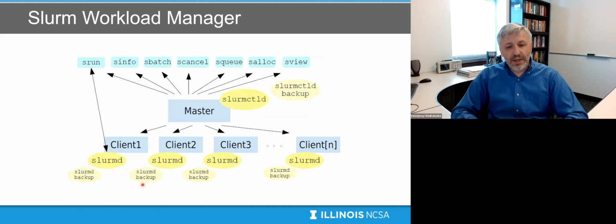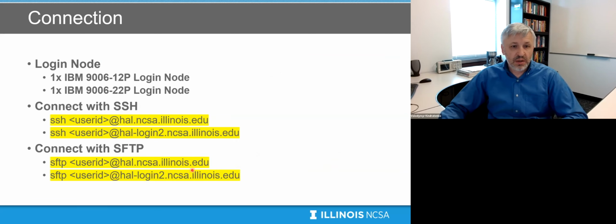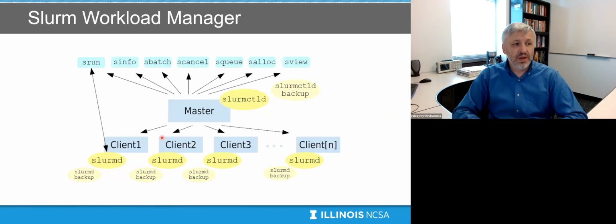So when you log into our machine, into the head node, so it is HAL or HAL login 2, these are the two head nodes. When you log into one of these, you are basically on the login node, whose purpose is to simply enable you to jump into one of the compute nodes in a manner that guarantees that only you have access to a specific set of resources, depending on what you need.